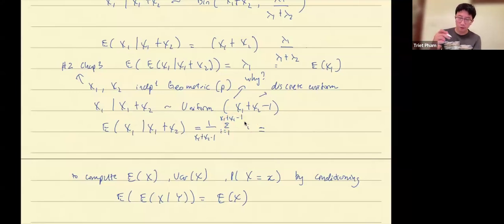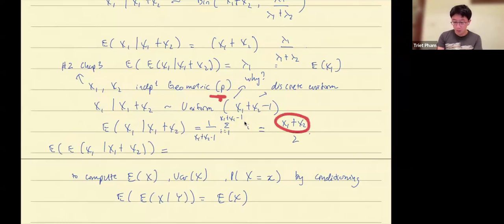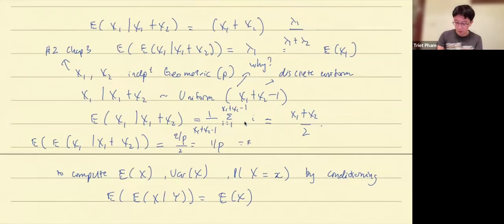Dividing by n, the answer is actually going to be just x1 plus x2 over 2. So the expectation of x1 given x1 plus x2 here is this, and because they have the same expectation, which is 1 over p each, the answer will be 2 over p divided by 2, leaving you with 1 over p. So again, it is the expectation of x1.